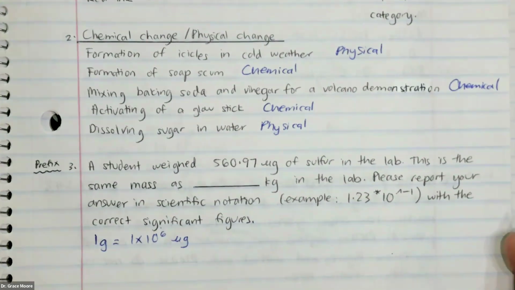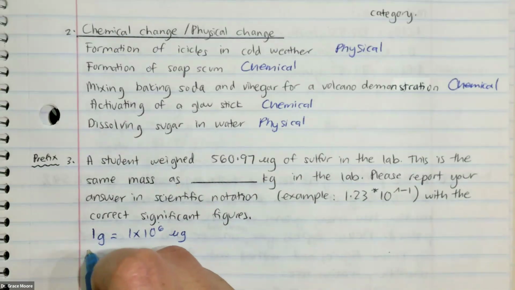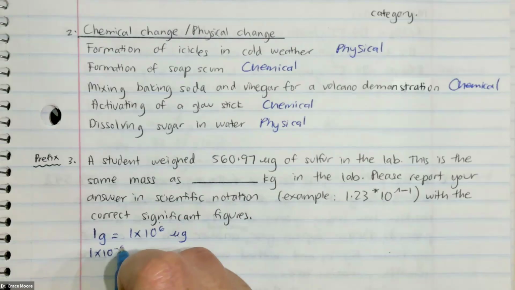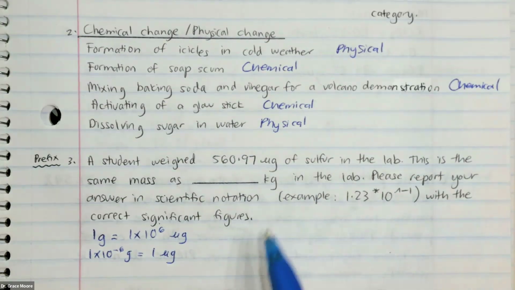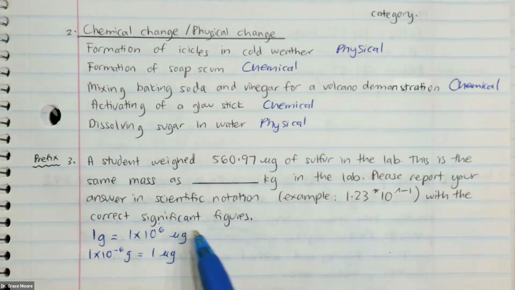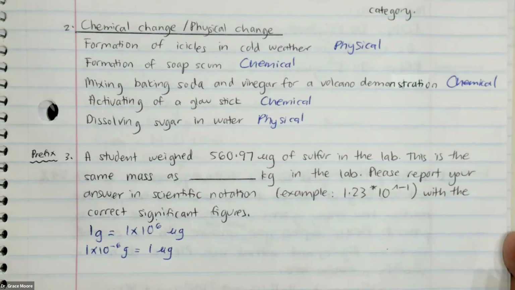So that's one conversion that I can remember. Or you can also say 1 microgram is 1 times 10 to the minus 6 grams. I'll write that down too. It really is the same thing, but I prefer to use the ones without the negative signs, but it's just a matter of preference. They both will give you the same answer.